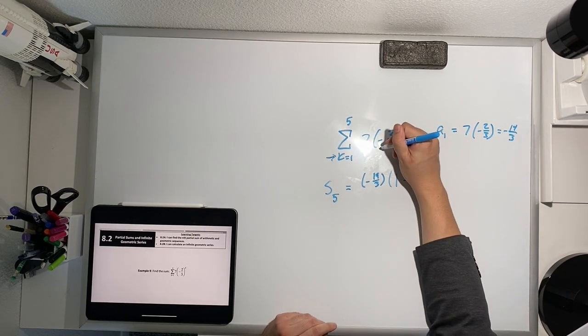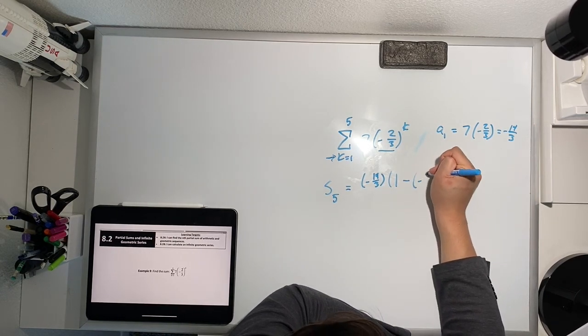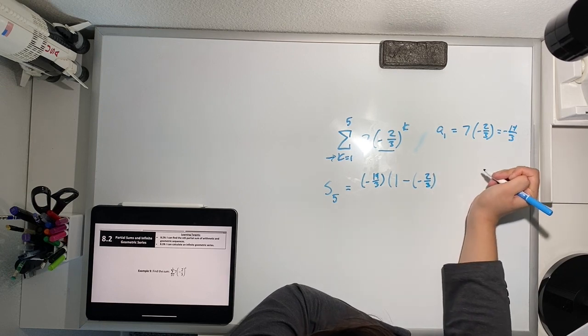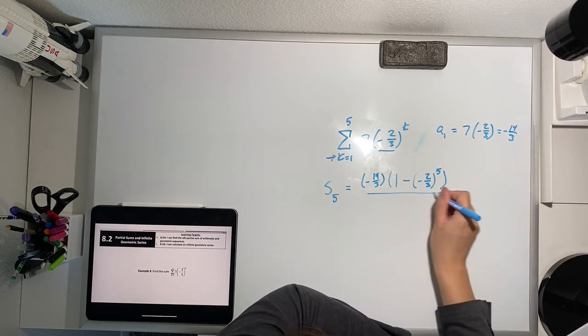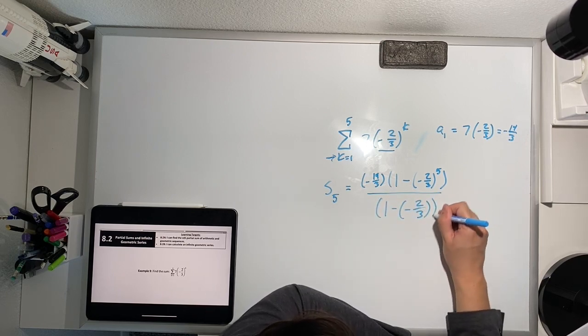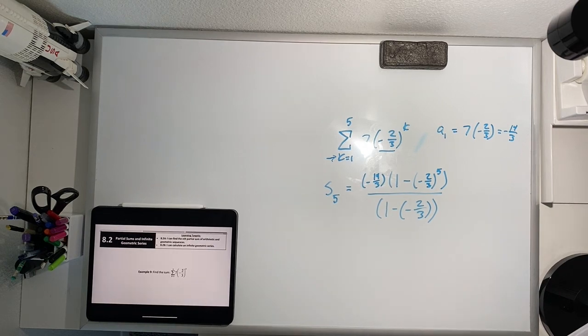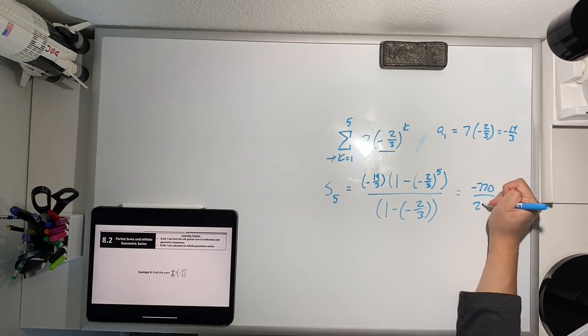So in this case, negative 2 over 3 is our common ratio. So this is r. And we're raising that to the fifth power, all over 1 minus r. And we simplify all of this, and we get an answer of negative 770 over 243.